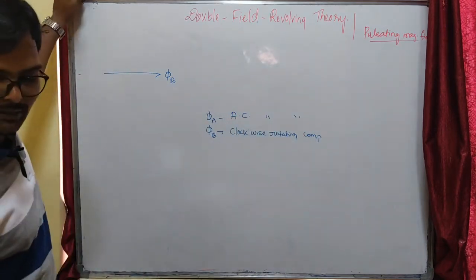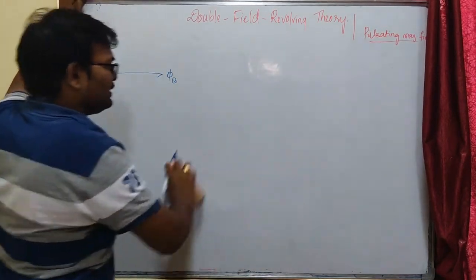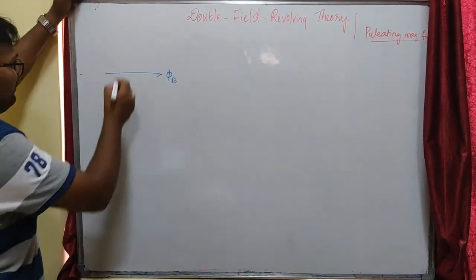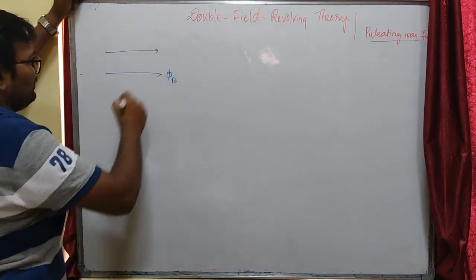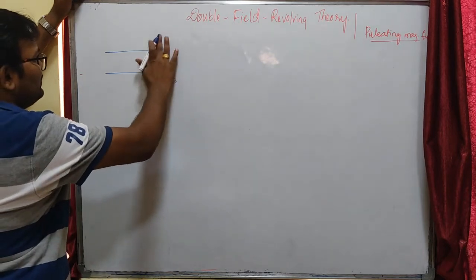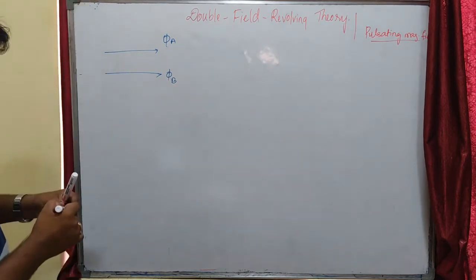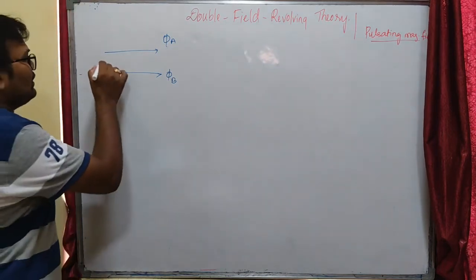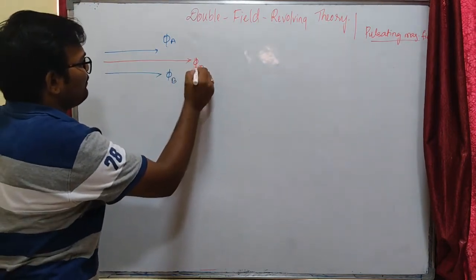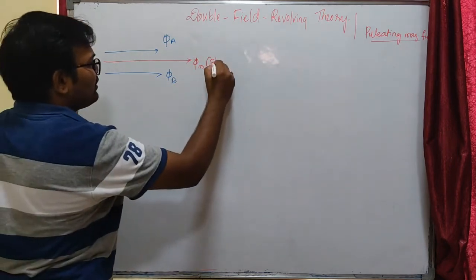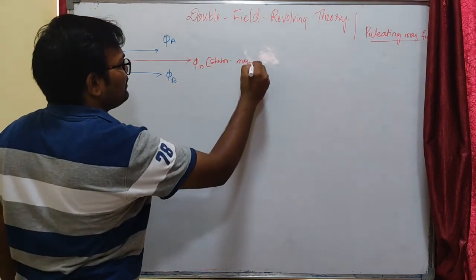So this is the meaning: phi a is rotating in the anti-clockwise direction and phi b is rotating in the clockwise direction. Let us assume this is the angle, this is phi a. As our net flux is the sum of these two fluxes, the net flux will become like this. This is our net stator flux, the stator magnetic field.